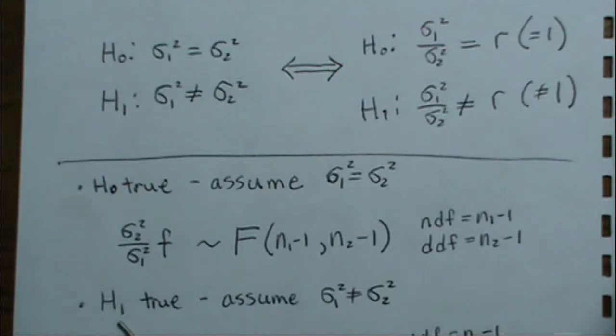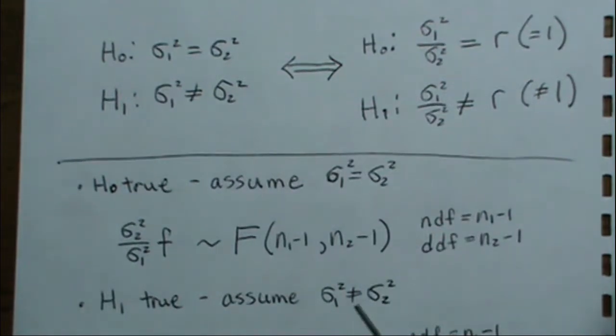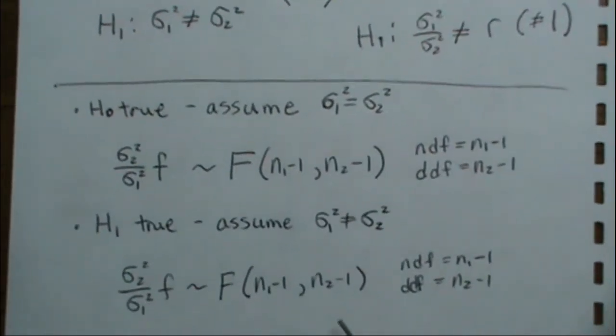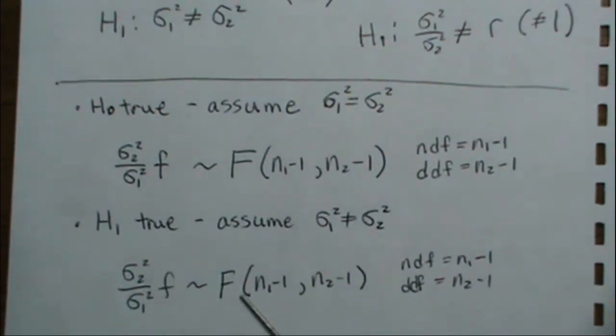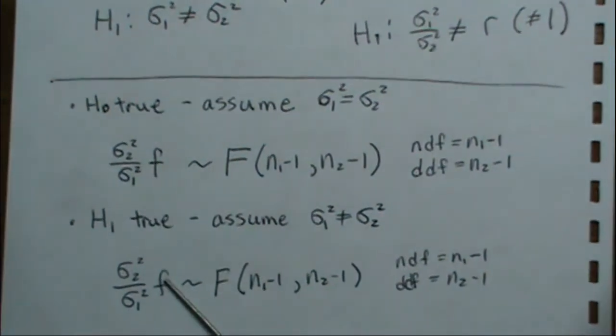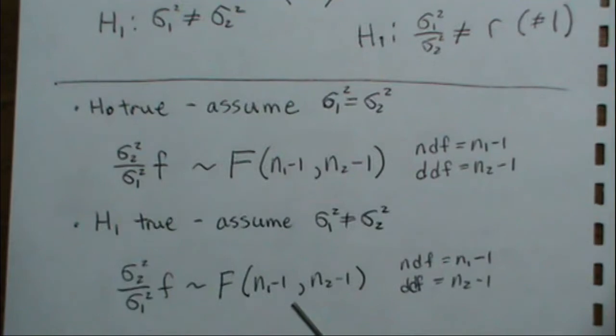Now when H1 is true and the population variances are not equal, this is actually still a central F distribution with N1 minus 1 numerator degrees of freedom, N2 minus 1 denominator degrees of freedom. So it's the same distribution, distributed the same way.